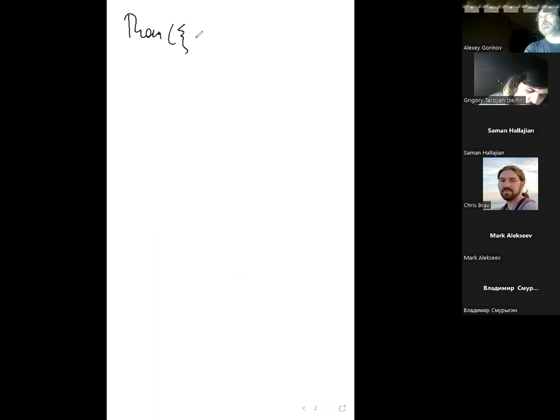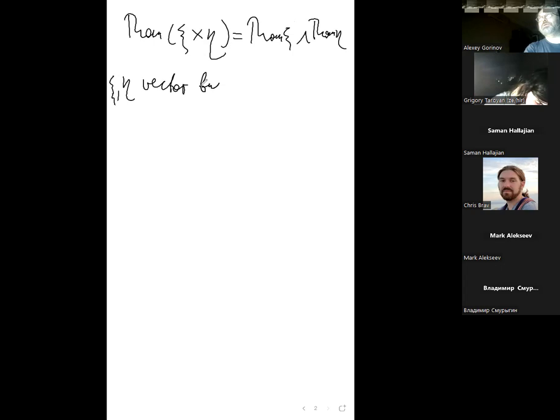Suppose we have two vector bundles, not necessarily with the same base. The base spaces may be different.